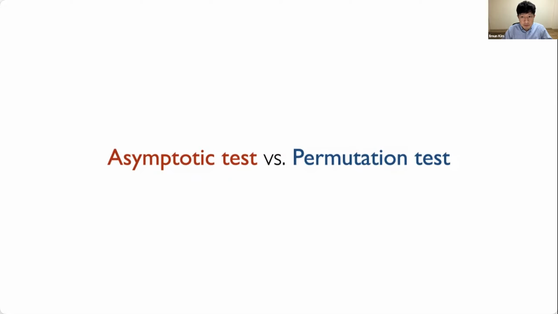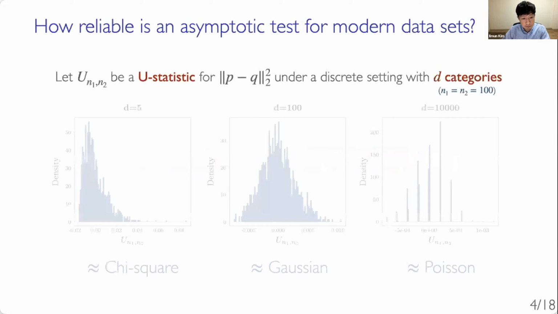So let me briefly demonstrate this difficulty in the next slide. Okay, so suppose we want to test whether two multinomial distributions, say P and Q, are the same or different. And one natural test statistic for this problem is a U statistic, which is an unbiased estimator for the squared L2 distance between P and Q.